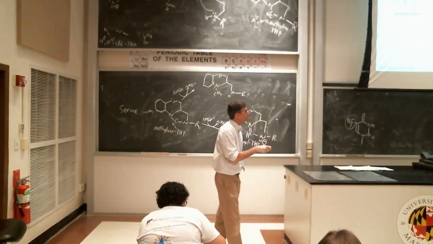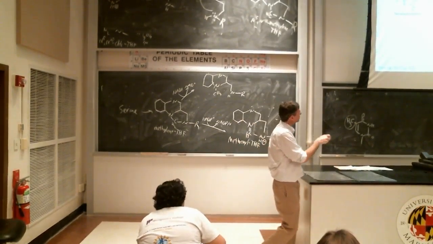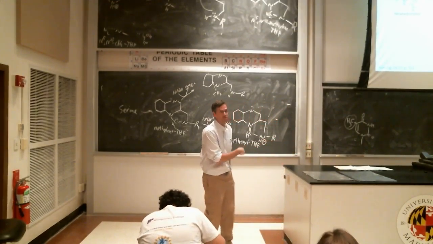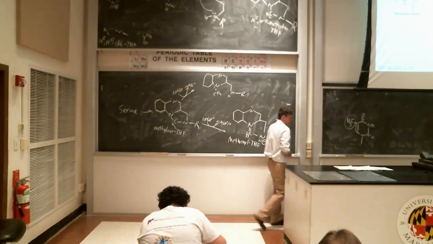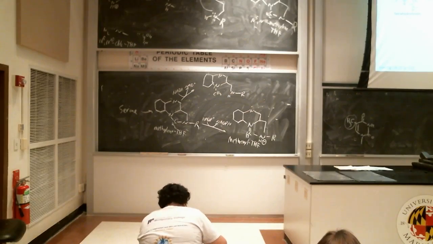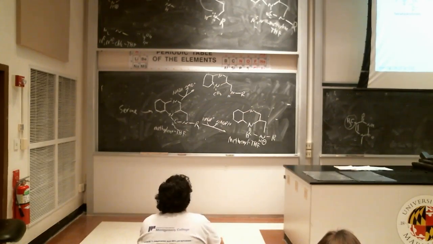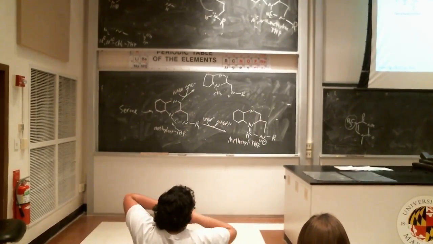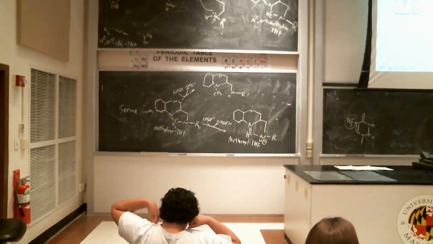So if the cell needs to make thymidine, it can use serine hydroxymethyltransferase to generate methylene THF, and then use that as a source of the methyl group for the thymidine. The methenyl carbon is used to construct adenine and guanine. And if you look in, I don't remember what chapter of the book it is, I looked at it today.